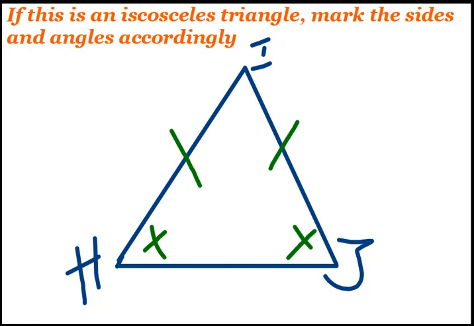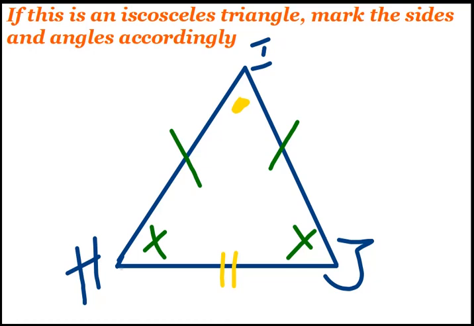But then we still haven't marked angle I and the side HJ. And those will be different from the rest. So this one will have 2 lines stating that HJ is not equal to IJ and is not equal to HI. And we'll mark that angle with another symbol, which is a dot.